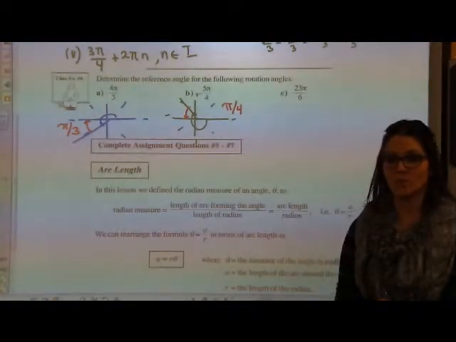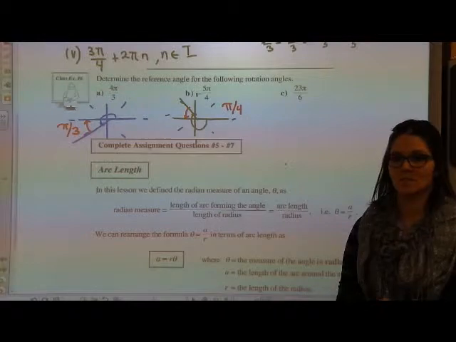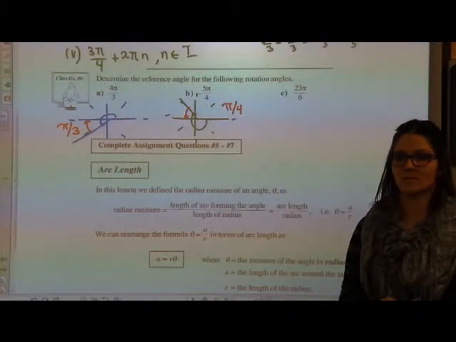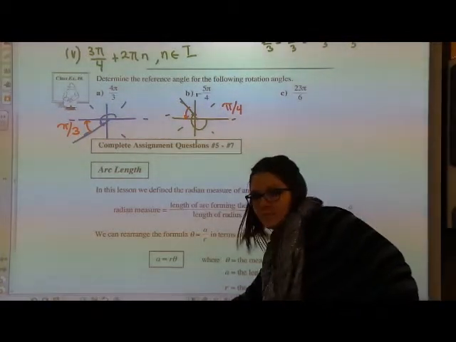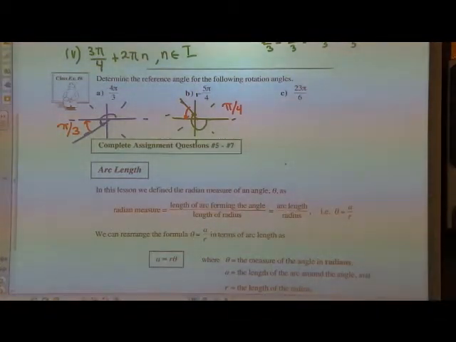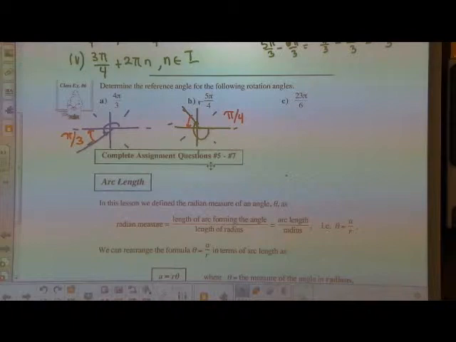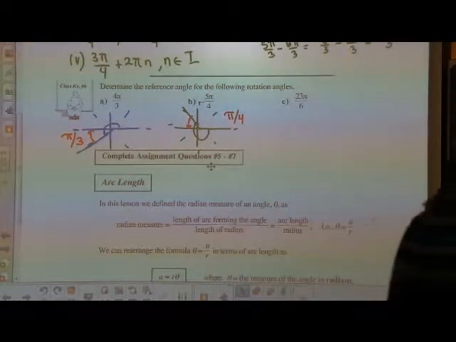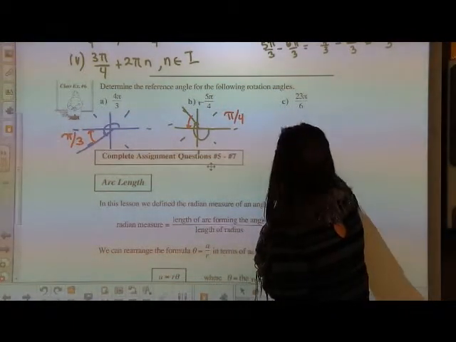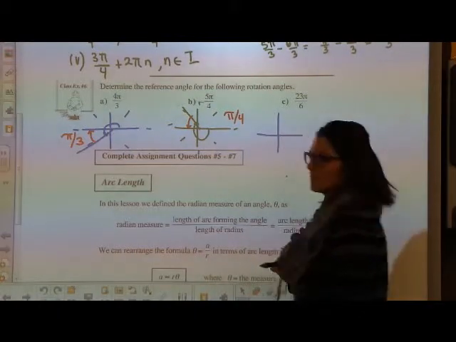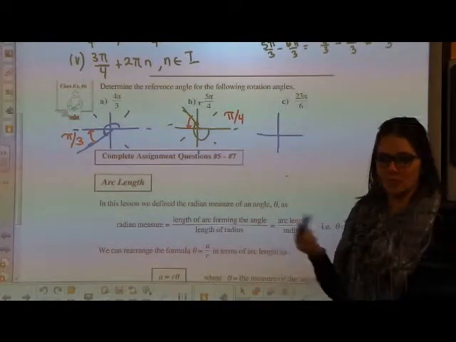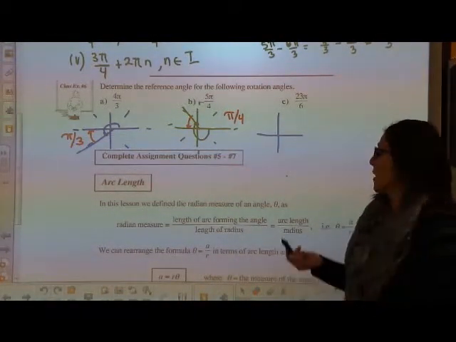You want to try the last one on your own? So 23 pi over 6. What do you notice when you start to sketch this angle? You're going to have to go around more than once.